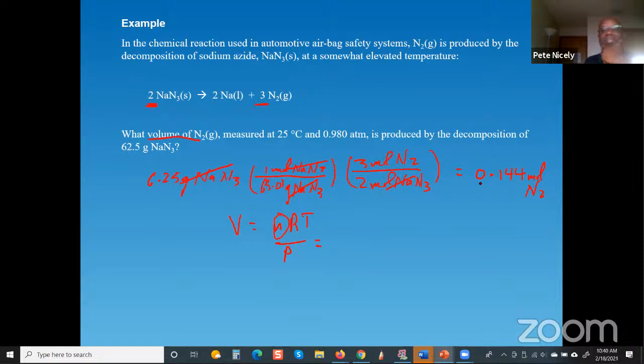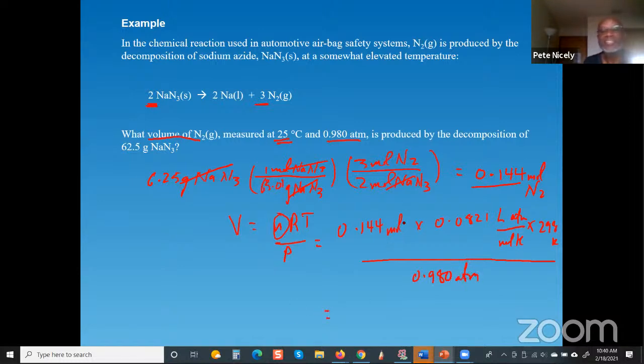The n here would be the number of moles, which is 0.144 moles, times R, which is 0.0821 liters atmospheres over mole Kelvin, times the temperature, which is 25 degrees Celsius, which is the same thing as 298 Kelvin, all divided by the pressure, which is equal to 0.980 atmospheres. And we do our number crunch.